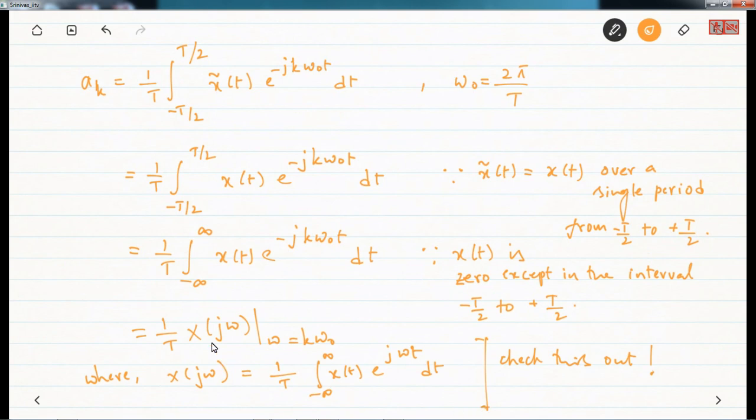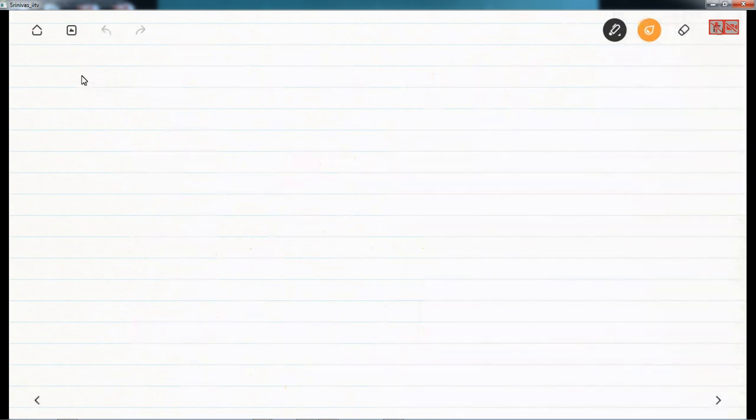So this can be written as something like this. Just for convenience, let me write what we did: X of j omega is the integral from minus infinity to plus infinity of x of t e^(-j omega t) dt, and with that we can write x tilde of t.